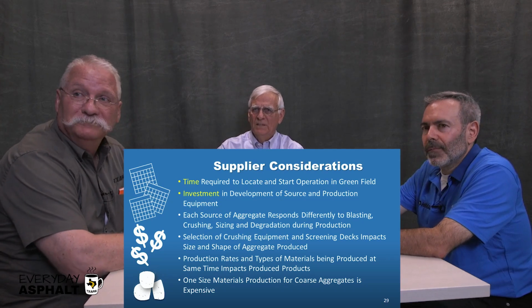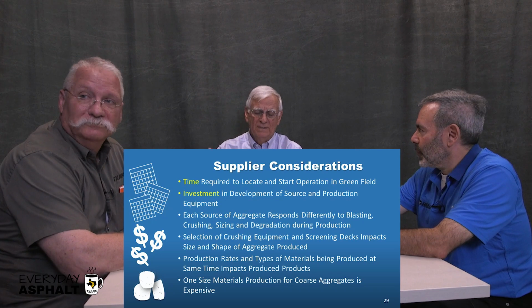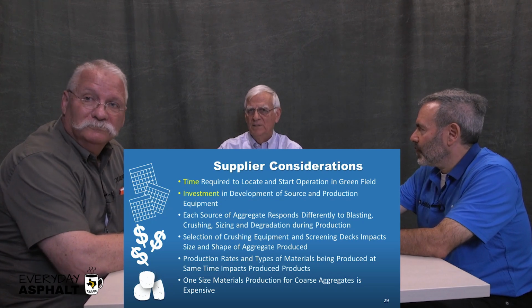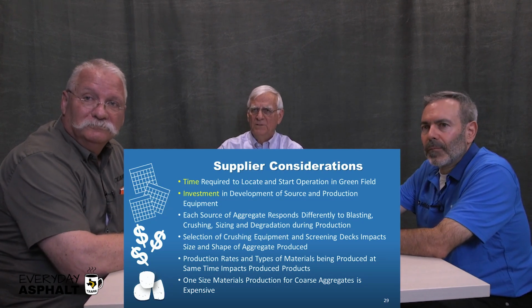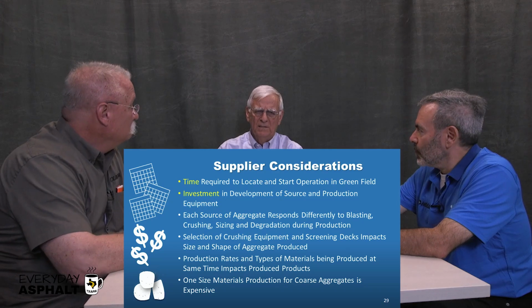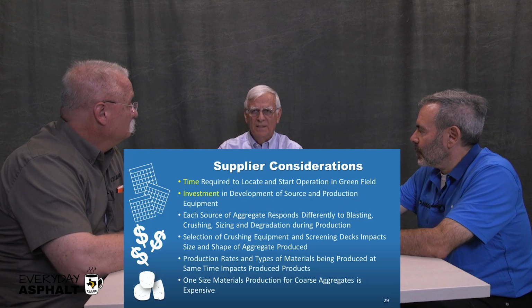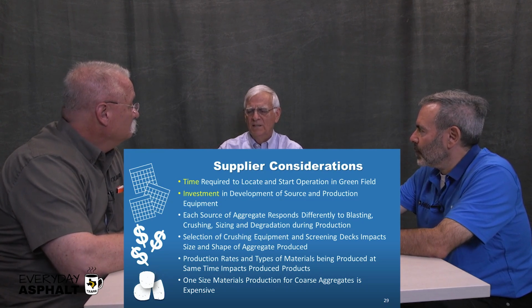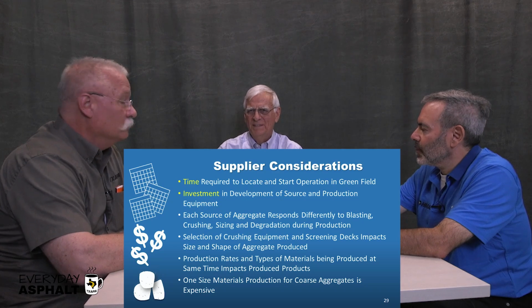So there are screening decks and the shape that comes out of there naturally, et cetera, the shapes you can produce. There's a lot of production things that have to be considered if you're going into a new supply, and it takes an investment, like we just said, and it's a little bit of a risk. There's no question about it. For sure.